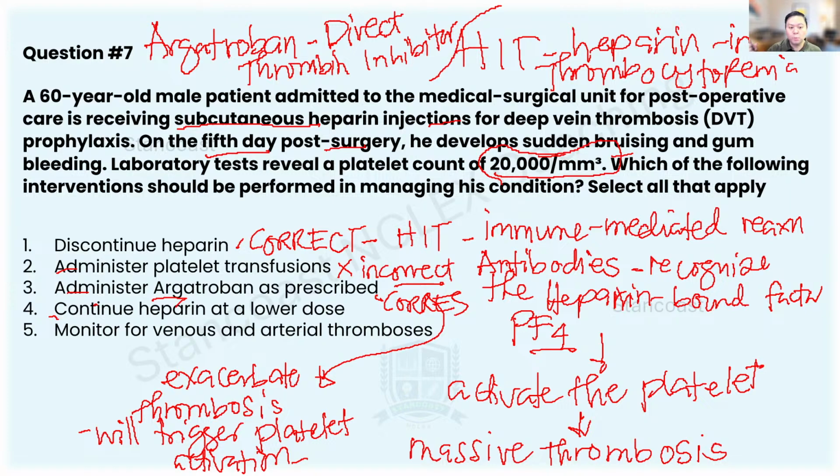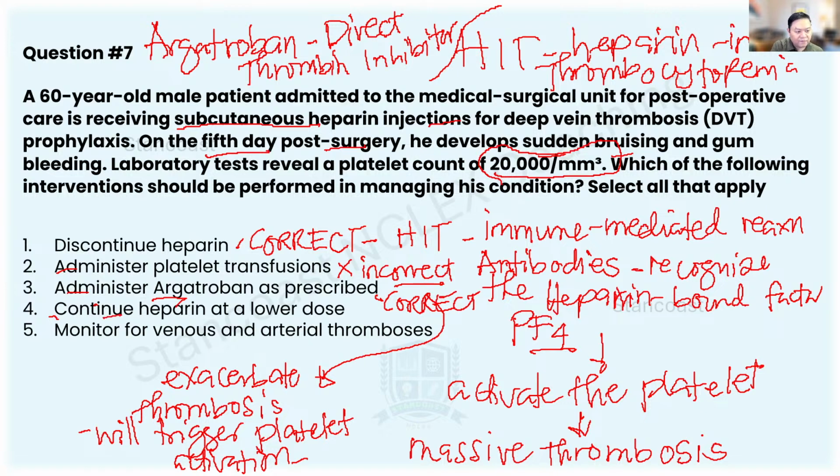No more of that medication. We're not going to give any more heparin in the future. And so that is going to be eliminated. This is correct. Number 3 is correct. Administer argatroban.